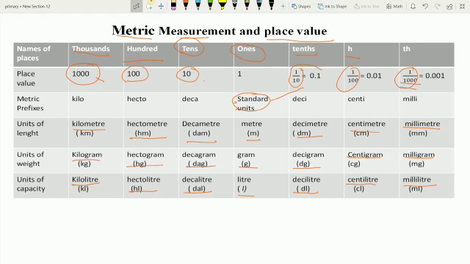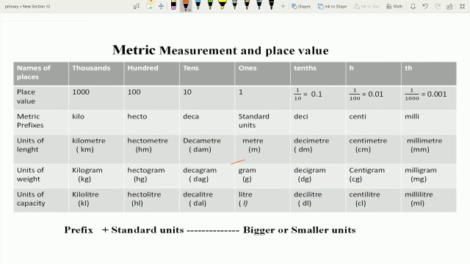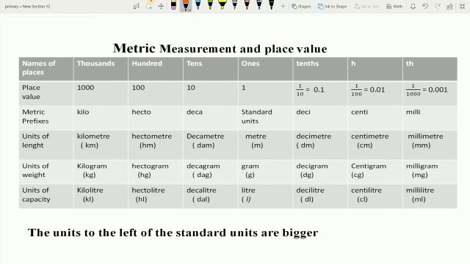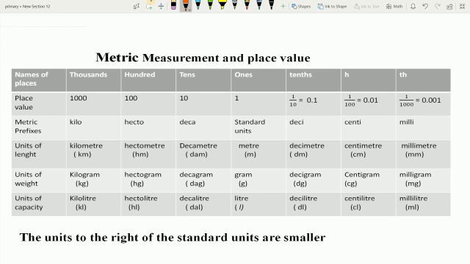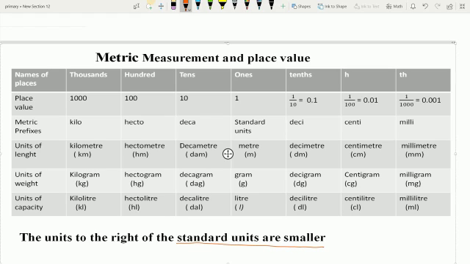Students, remember we attach certain prefixes to standard units to obtain bigger or smaller units. So, the units to the left of the standard units are bigger and the units to the right of the standard units are smaller. So students, this is the metric measurement and place value.